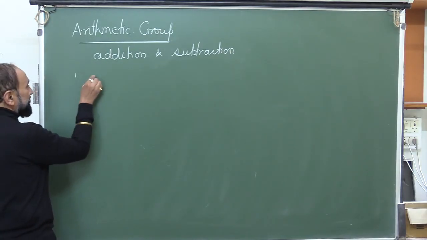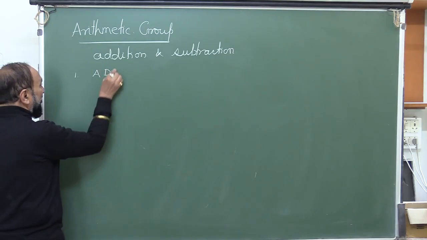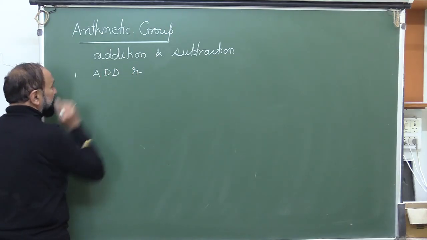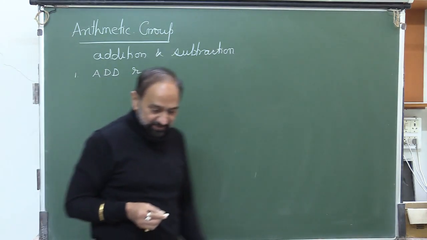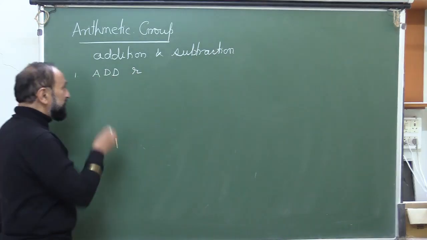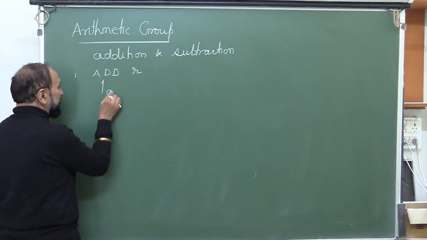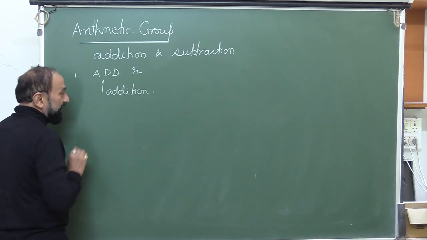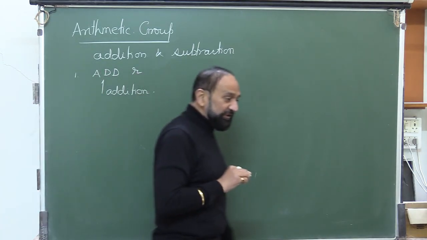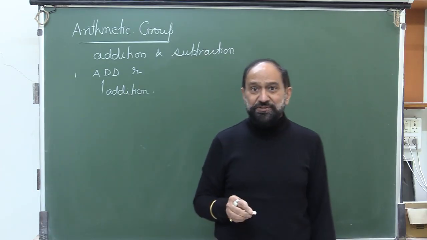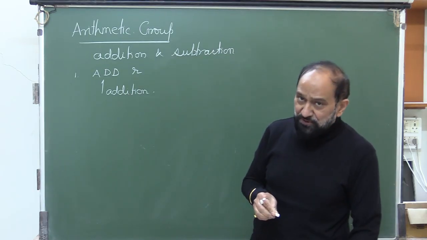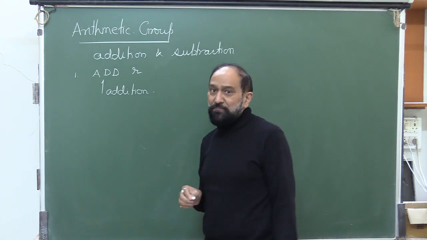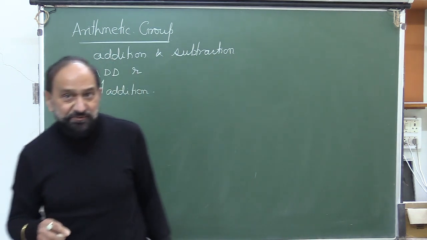The very first instruction is ADD R. ADD is the mnemonic for addition. We already discussed that whenever two operands are involved in any operation, one of the operands must come from the accumulator.